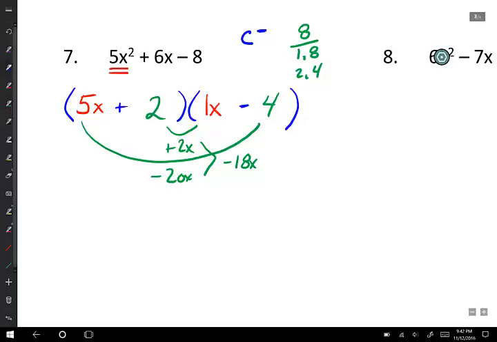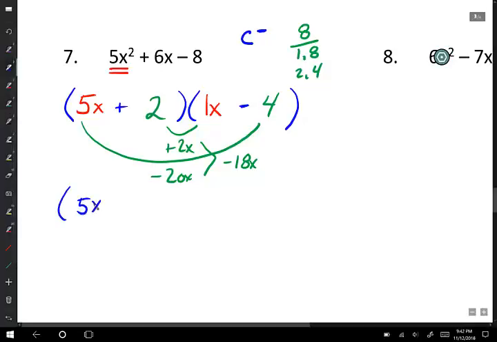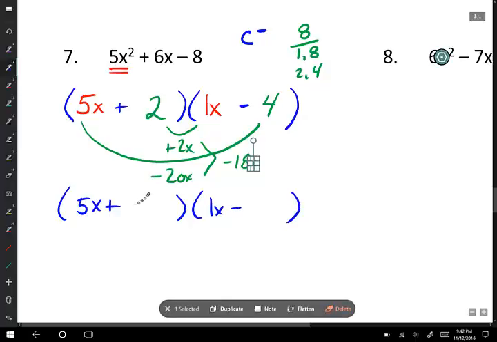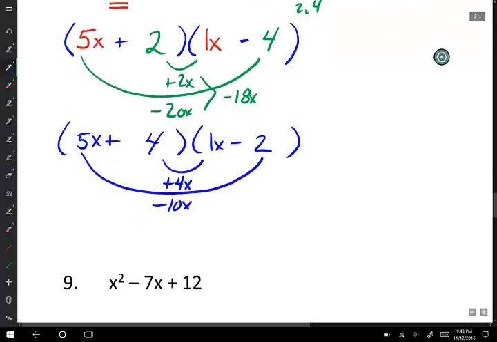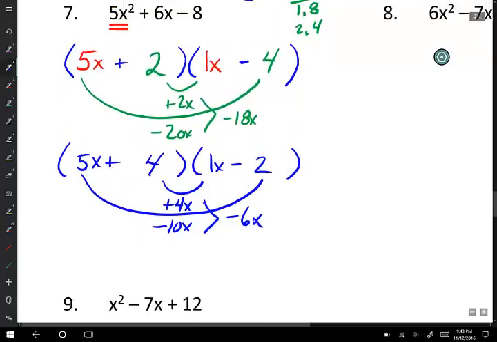I'm going to recopy it down here. 5x plus 1x minus, and instead of the 2 and the 4, we're going to put 4 and 2 and just try the other one. Now we get negative 10x, positive 4x. Those combine to negative 6x. What do we want?